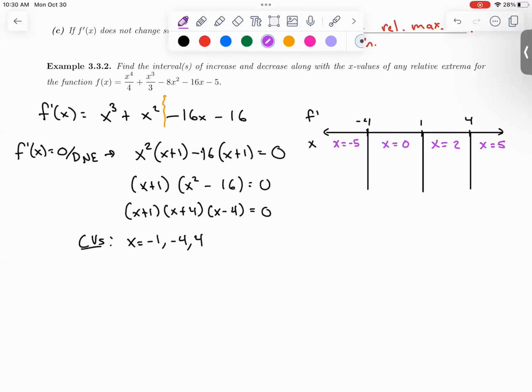Okay. Good work. Correction. I wrote 1 on my number line, but the answer was -1.